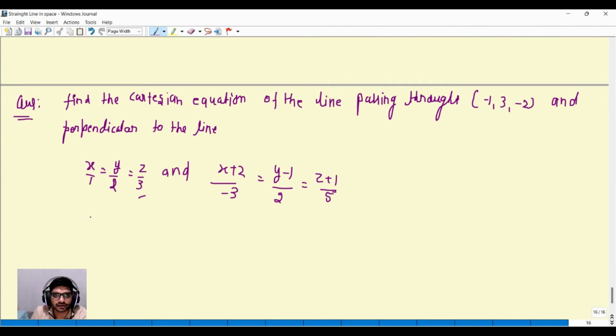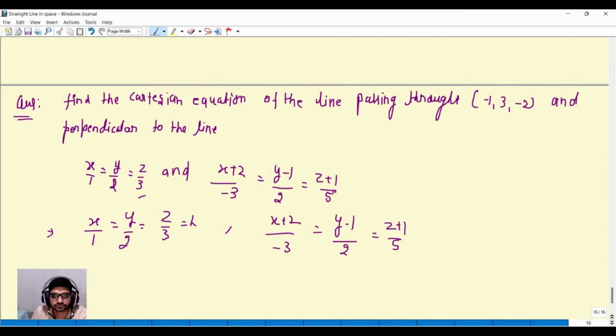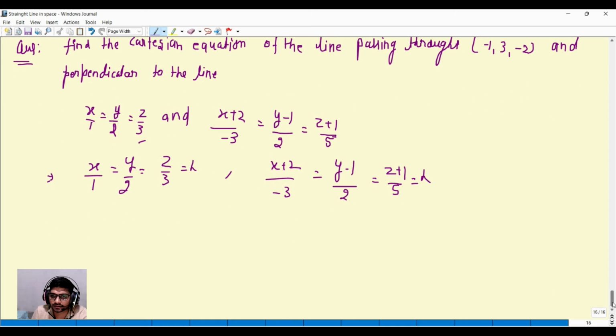So first we have to find the values of a, b and c. So how do we find the values of a, b and c? We first convert these equations into the vector form, and then find the things. So how do we do that? Put lambda equals to, okay, in both equations, then find out the value of x, y and z.